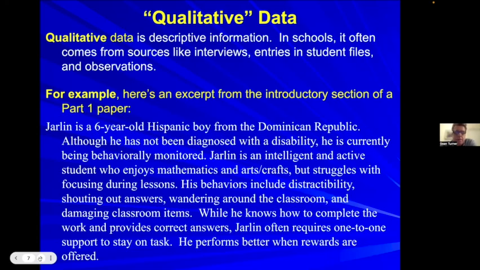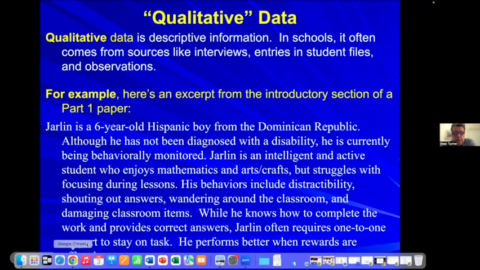So here's an example. Qualitative data is descriptive information. It comes from sources like interviews, entries, and student logs or observation journals. What you just posted, a lot of that is qualitative data. It's your own observations or experiences or surveys about students.